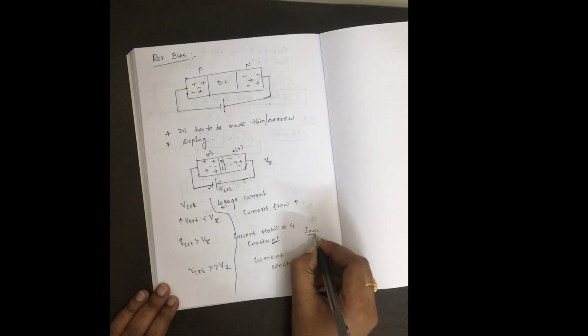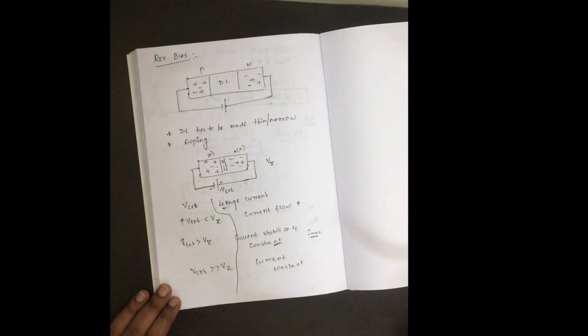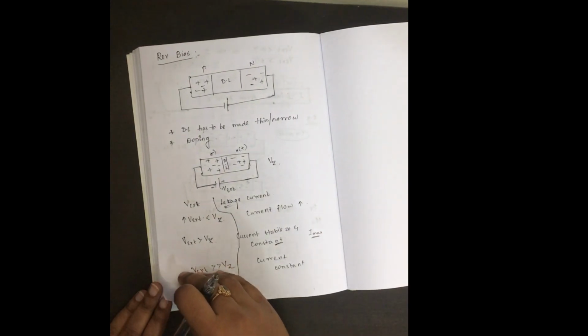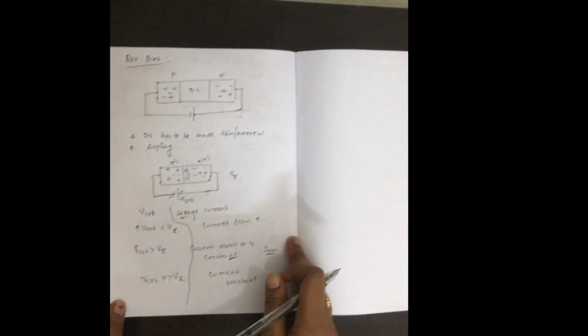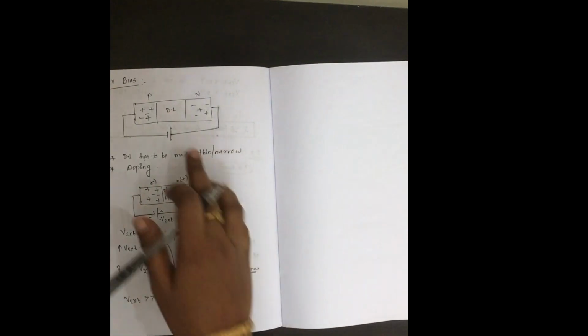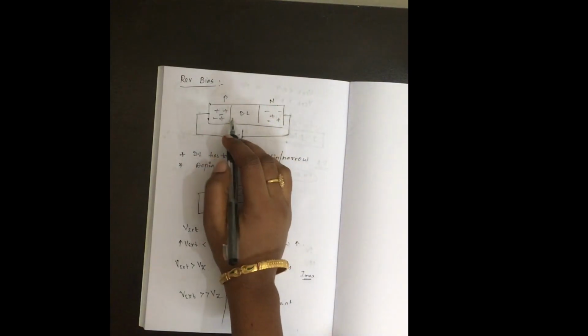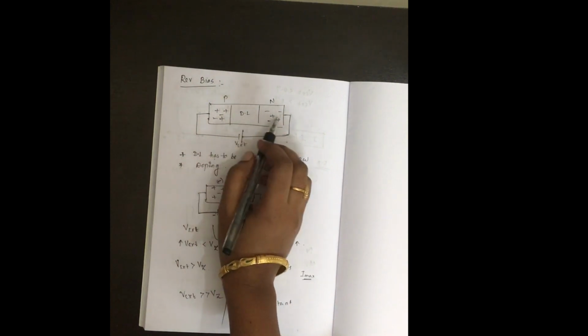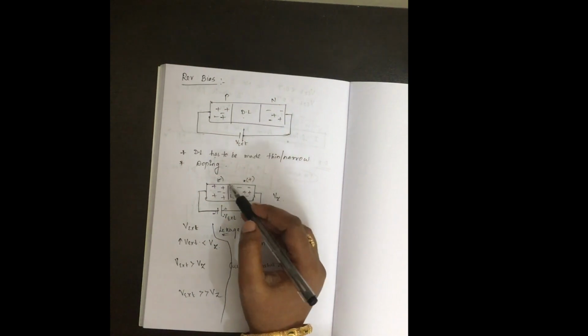This maximum current will be determined by the series resistor which is connected in series with the Zener diode. So whatever voltage you apply, there will be no increase in current, only constant current will flow, hence the depletion region will not get damaged.